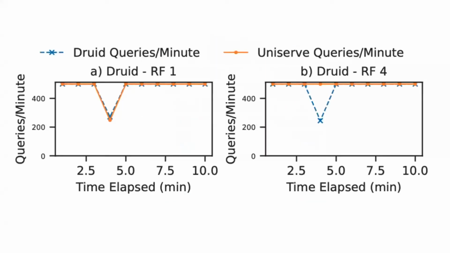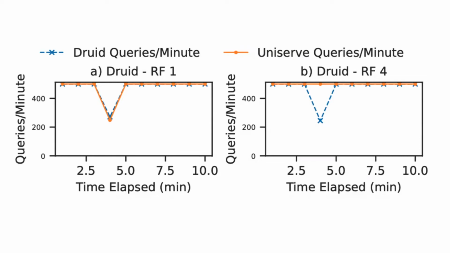The next graph shows us how Uniserve deals with failures. 3 minutes into the benchmark, they killed a data server and saw how the system reacted. So the left one is for a single node, single replica. When the server gets killed here, both systems take some time to recover by restoring replicas from durable cloud storage.